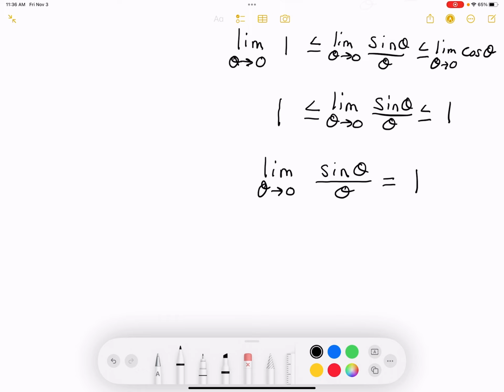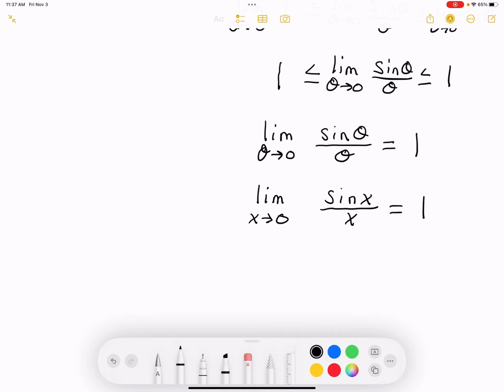And in this case, we use theta, but we could just flip our variables. And so we've now proved that the limit of sine x over x as x approaches 0 is 1.